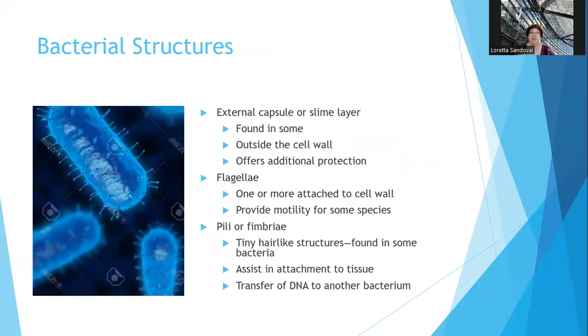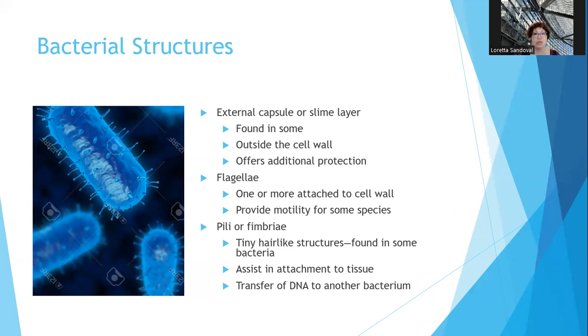So sometimes there is an external capsule outside the cell wall or a slime layer. It offers additional protection by keeping other organisms from getting to the bacteria. You might have flagellae, which are little protuberances that are attached to the cell wall, and they can almost be like a little tail to provide motility for some species that live in a fluid environment.